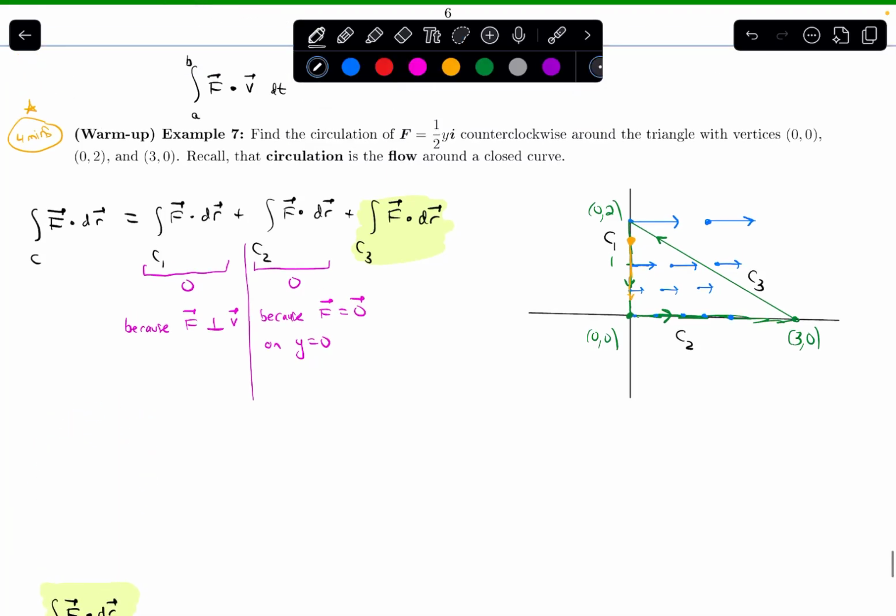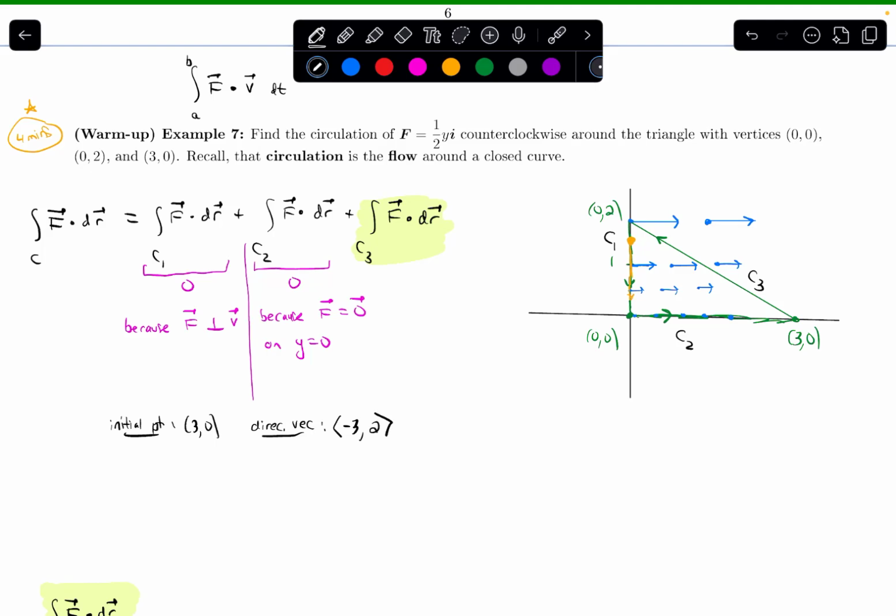So I have this line segment for which I need to know the initial point. The initial point on that line segment is 3, 0. And I need to know a direction vector. So I take the ending point minus the initial point and turn that into a vector. So I'll get -3, 2.